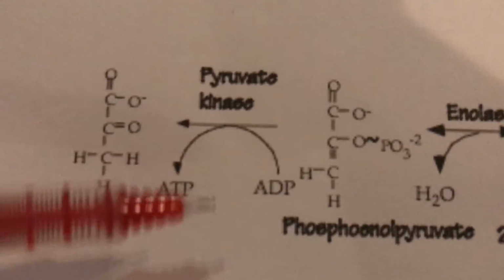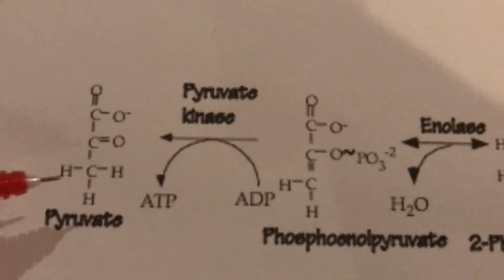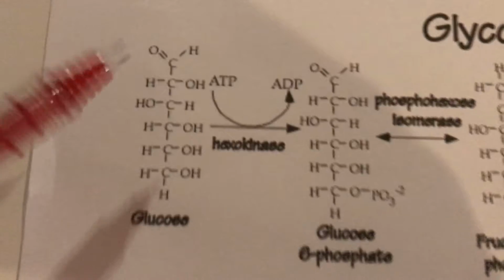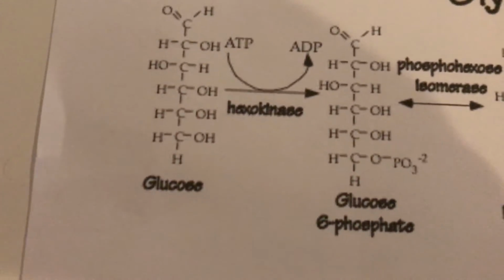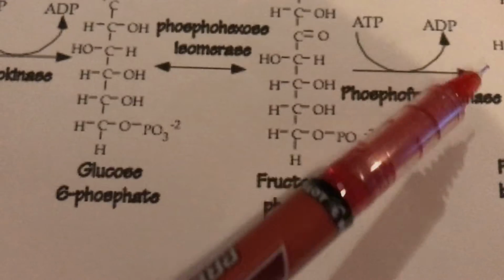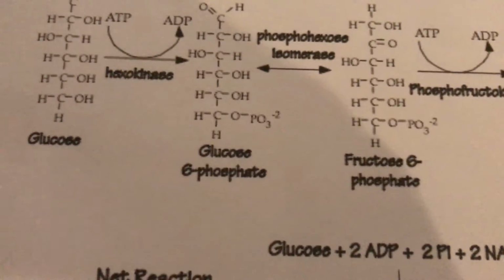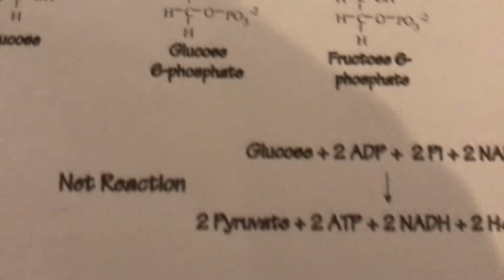So there's a net gain of 2 ATPs, 2 NADHs, and 2 pyruvates. And actually, there are 4 ATP molecules formed from glycolysis, but 2 are utilized during these steps over here in order for these 2 structures to obtain the phosphate needed for the enzymatic reaction.